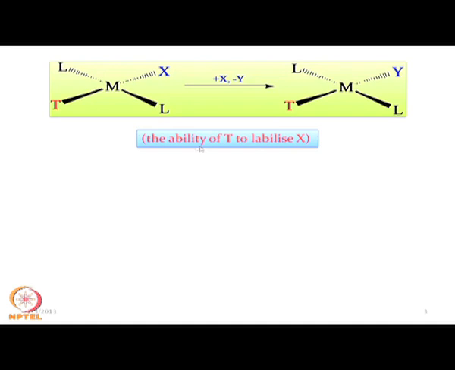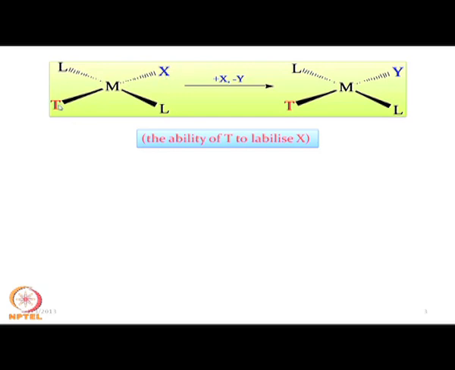So, in the red colored T, we are considering this ligand and how it is responsible for labilizing the X group, which we will consider as its trans effect. If there are ligands which have a good trans effect which will immediately labilize this particular X, as a result we get substitution at this position.